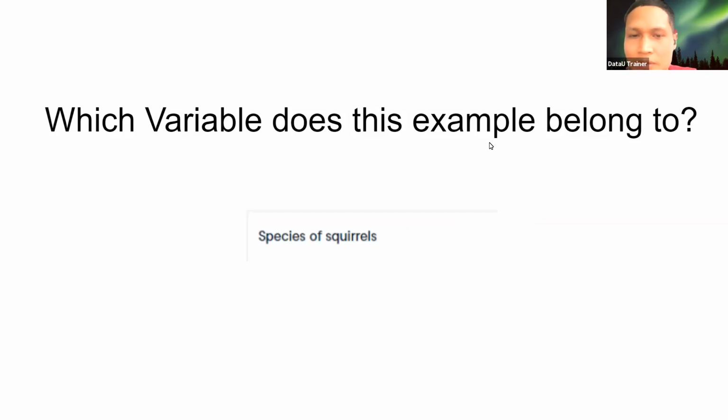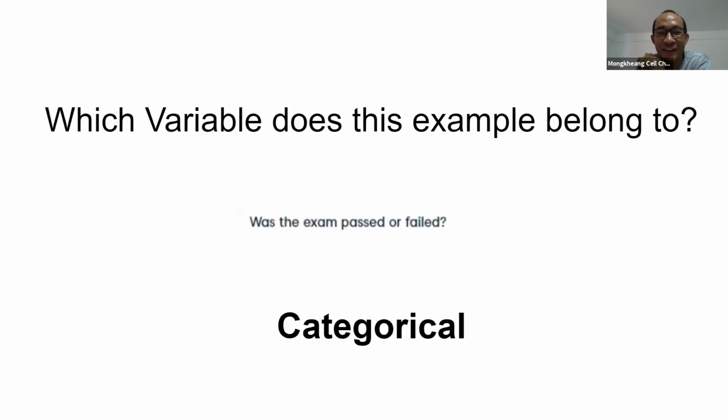So species of squirrels. Species. You say that again? I raised my hand. Okay, yeah, go ahead. Yeah, sorry. I mean, just go back to the pass and fail. Okay, so yeah.